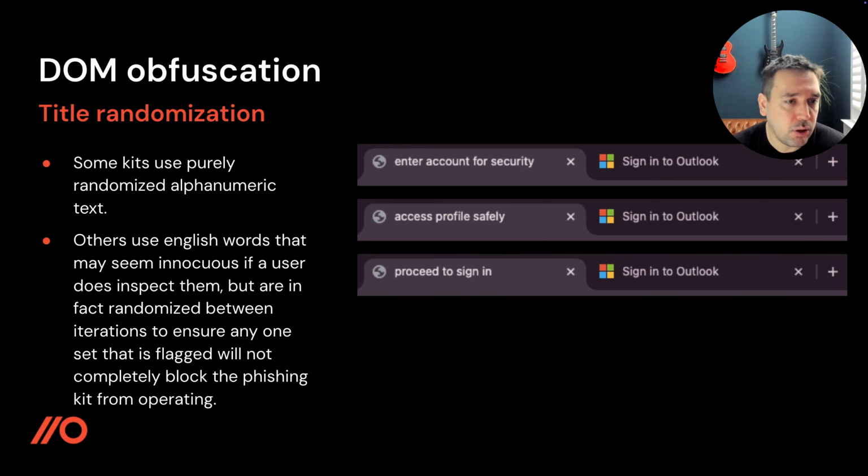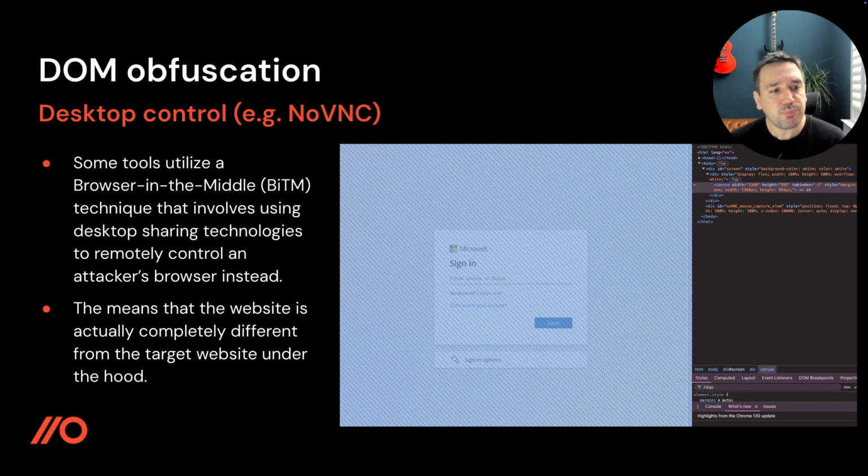Sometimes we'll see purely random alphanumeric text. Other times it will be real sentences effectively, but there'll be many that will be randomly selected. I've got some examples there: enter account for security, access profile safely, proceed to sign in. Nothing sounds too bad, but it's different to what the real Microsoft one is. So we see randomization occur there.